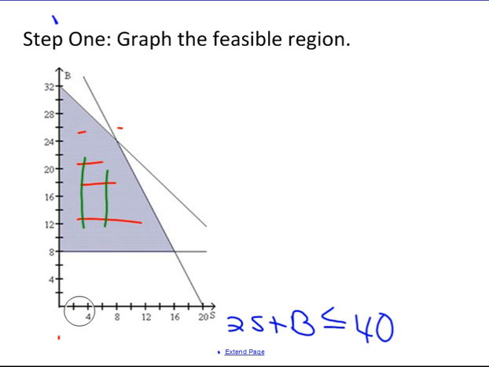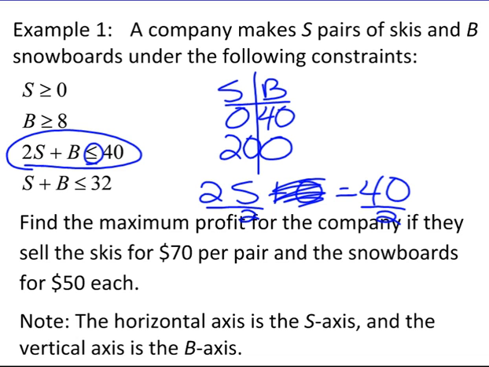Okay, pick our test point. I realize it's already graphed for us, but I just want to remind you how to graph inequalities in case you've forgotten. So test point: since the line does not go through 0, 0, we're going to use 0, 0 as our test point. Plug in 0 and 0 at the same time.